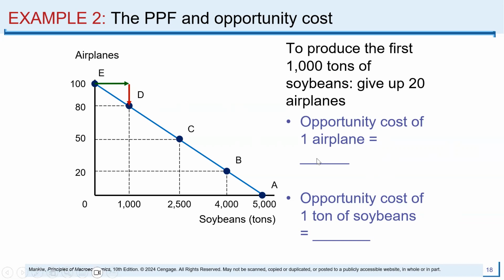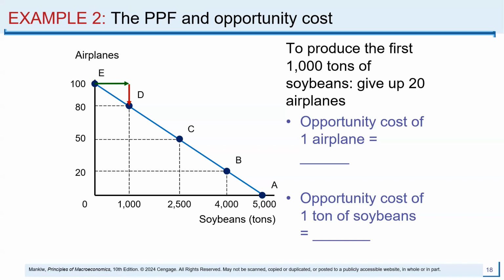Divided by 20, so in that case, it will be 50 tons. Then we look at the opportunity cost of the soybeans. The 20 airplanes will change for 1,000 tons of soybeans.